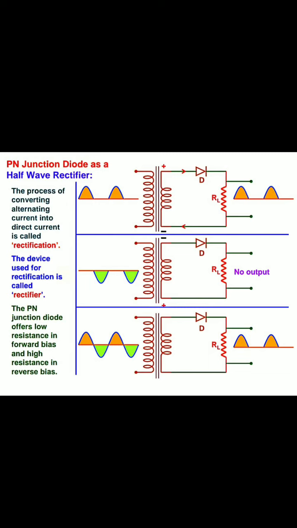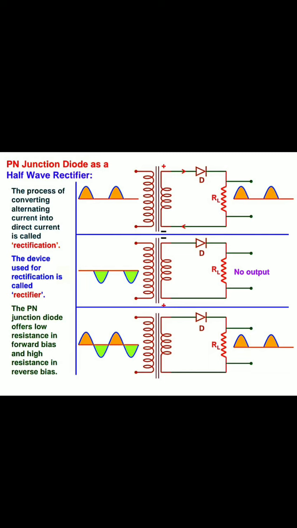The PN junction diode, here you see this is a transformer, in the middle with two black parallel plates. Across the transformer, AC is connected, with plus and minus denoted there, and one diode is connected, and another one is RL, the load resistance.